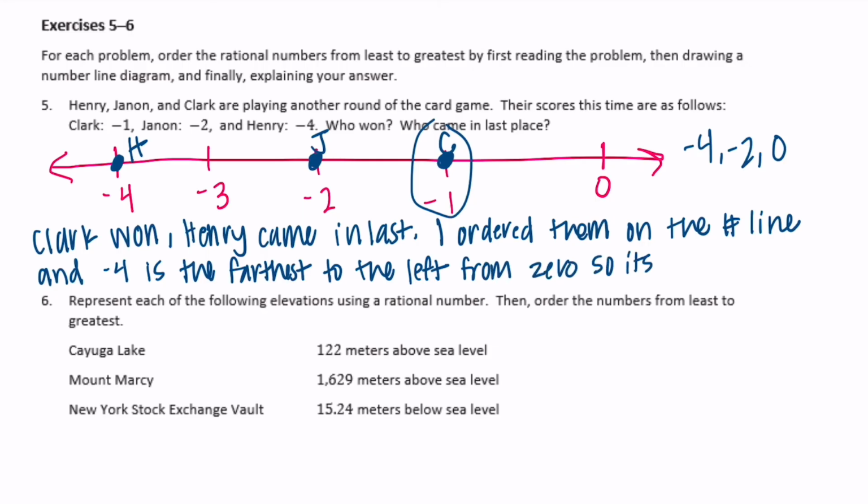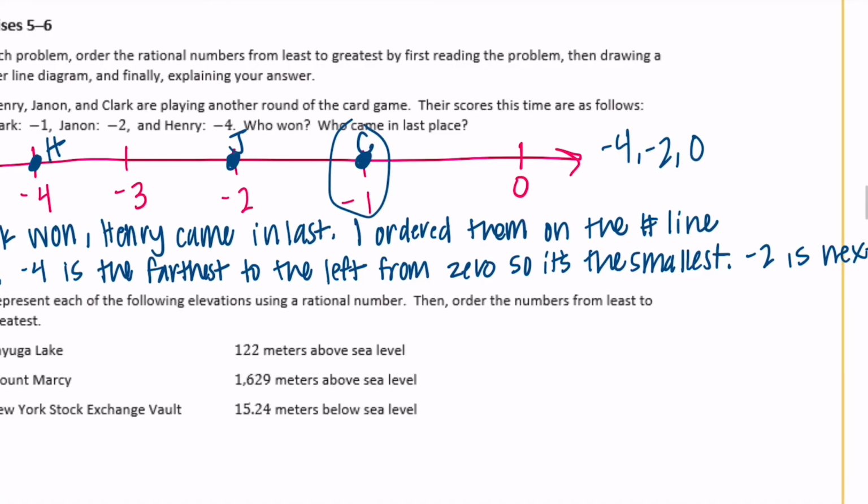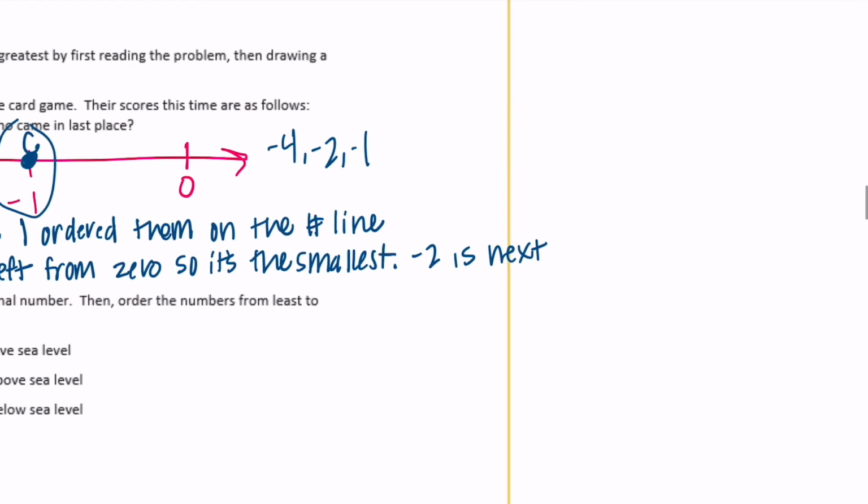So it's the smallest. -2 is next. Wait, we didn't even have a 0. Sorry. Not 0, -1. -2 is next, and then -1.